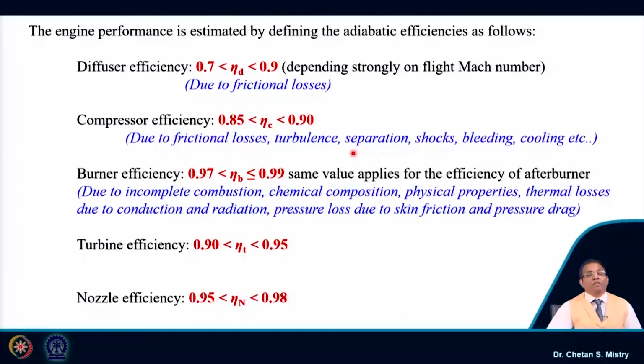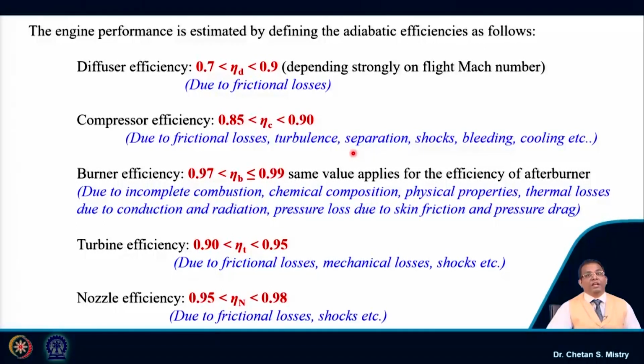That all leads to reduced efficiency. For the turbine, since it is working under a favorable pressure gradient, again here we will have losses because of friction, mechanical losses, and shocks. Okay. And in the case of my nozzle, since it is a stationary body, we will have losses because of the presence of friction and shocks.